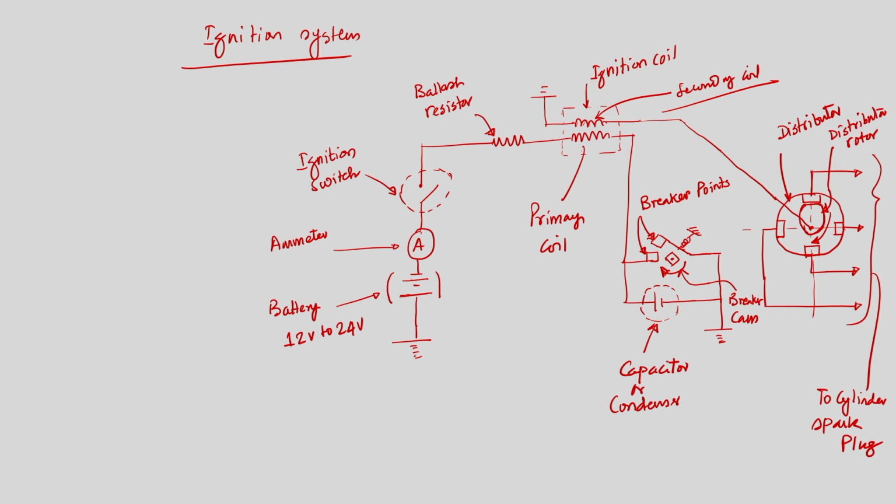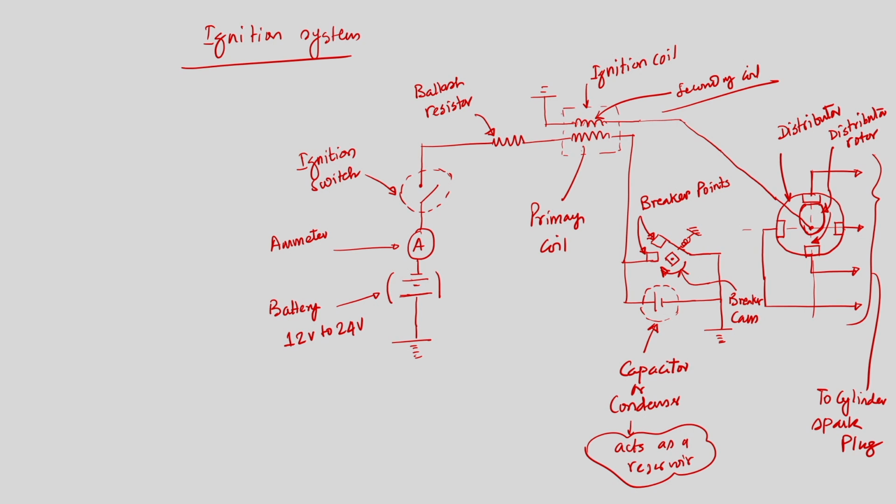So, the capacitor acts as a reservoir. Now, we have understood that the small EMF developed in the secondary coil won't be able to break the spark gap.